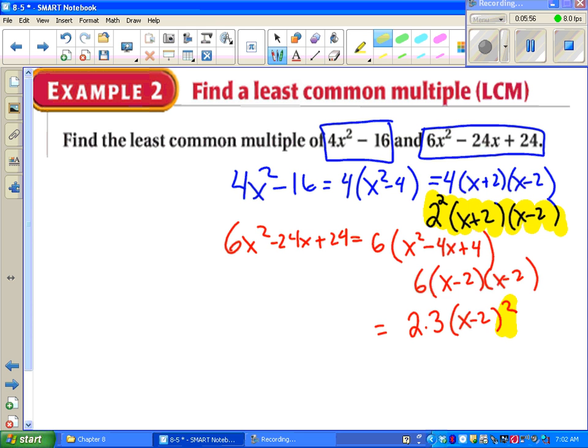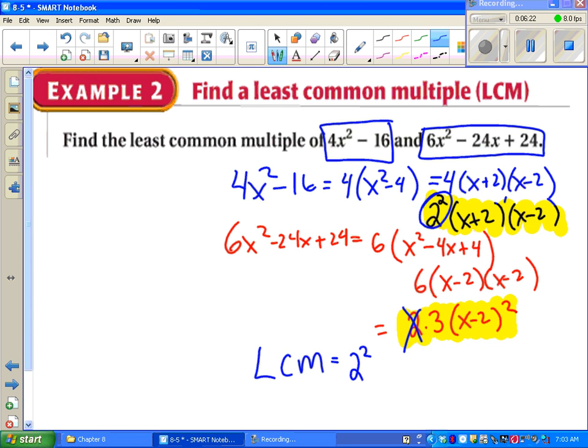I'll highlight them both in yellow. To identify our actual LCM, we start looking at any factors. I'll start up top. I see a 2 squared, and on the bottom I see a 2 to the first. I take the highest power. 2 squared wins. Next thing I see is an x plus 2 to the first.